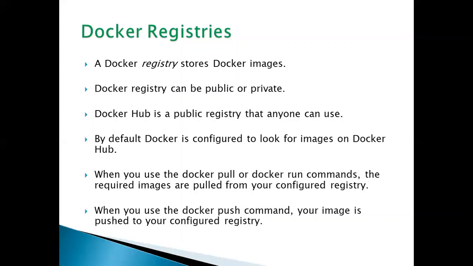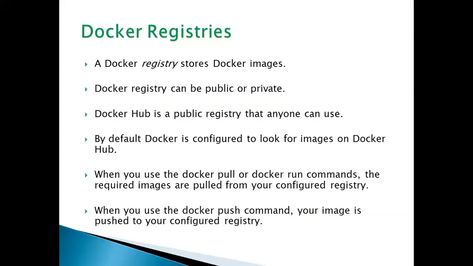When you use the docker pull or docker run commands, the required images are pulled from your configured registry. What happens if you run docker run directly without pulling the required image? So you want to run that image in your Docker host. At that time it automatically pulls the image and then applies the docker run command. Then the container will be in running mode.